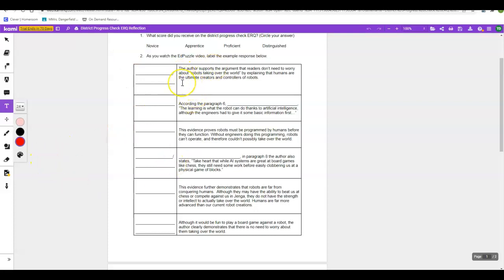You're always going to start an ABE by restating the question, which I did here. The author supports the argument that readers don't need to worry about robots taking over the world by. Now, I want you guys to remember that with the ABE writing strategy, we always start with an answer and a because. Please fill in the word answer and because on the left-hand column up here at the top on your paper.